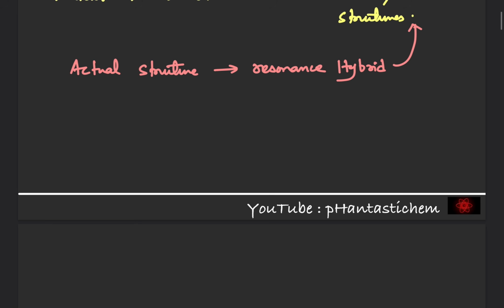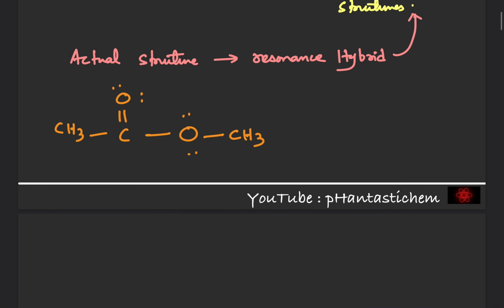One of these structures is already given to us, that is CH3 C double bond O, single bond O, CH3. So we have two lone pairs here and also two lone pairs here. To draw the other resonance structure of methyl acetate, using a double headed arrow, I will shift this electron pair here and I will shift this double bond pi electrons to form a lone pair.